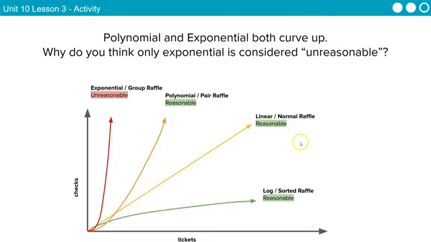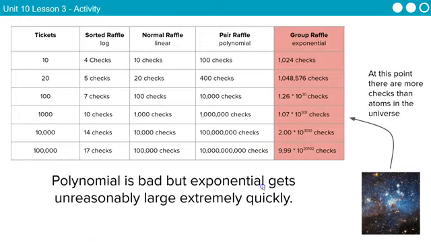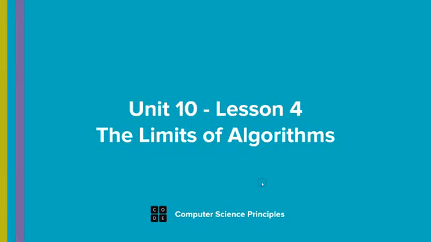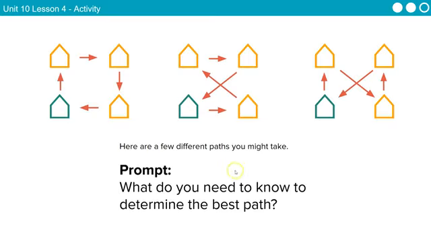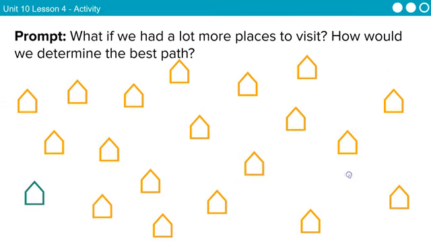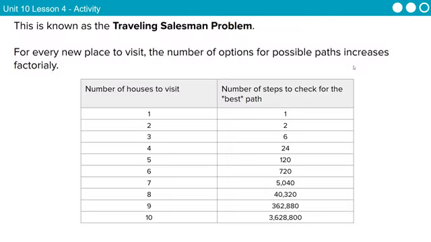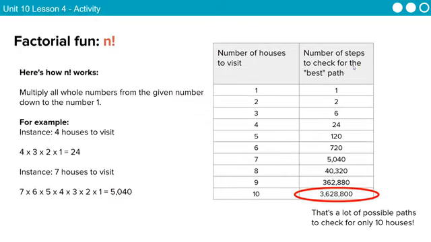All right, so taking that idea a little bit further, we get into the limits of algorithms. So again, here's that traveling salesman, right? He's in the greenhouse. He's got to visit all the houses. It takes him so many steps to go to each one. We can do this when it's a low number of inputs, but when it starts getting bigger, it starts getting really hard. And at some point, we just need to cut it off.